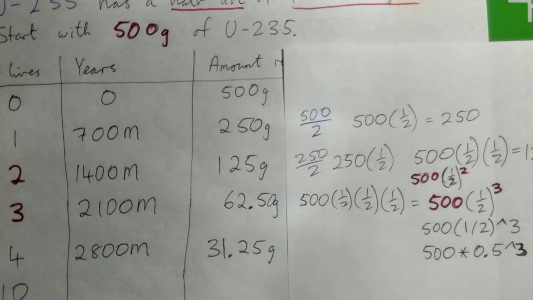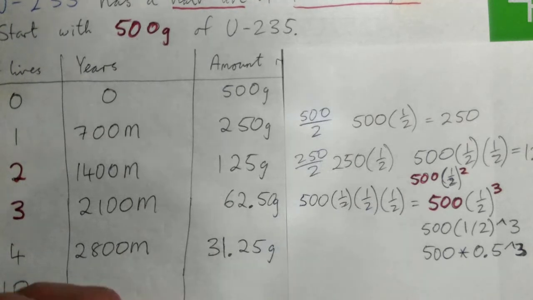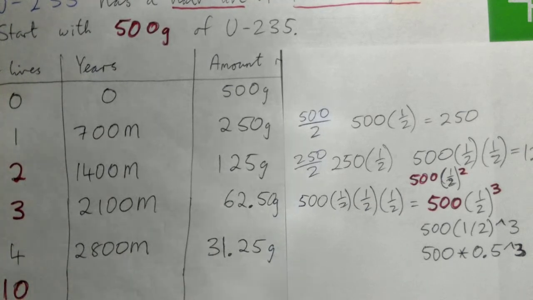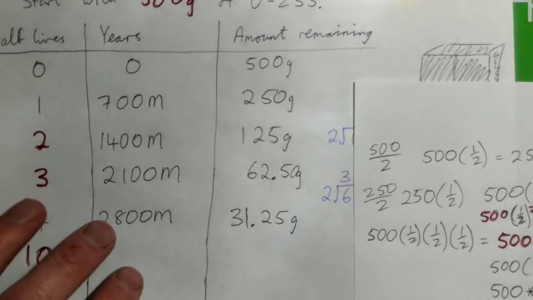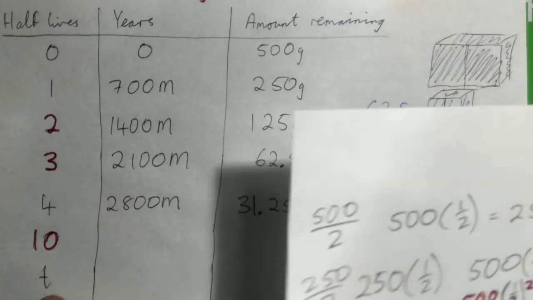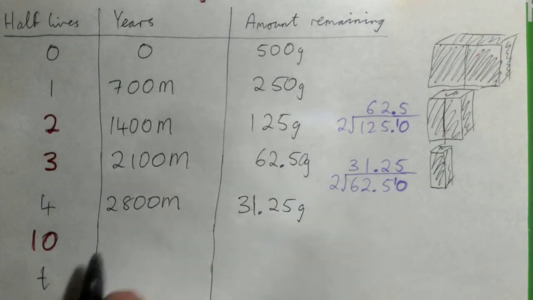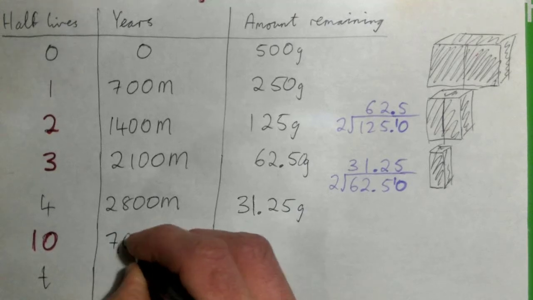So, how about after 10 half-lives, how would I figure out what was remaining? Good job. To get the years, yeah, 700 million by 10, it'd be actually 7,000 million years.